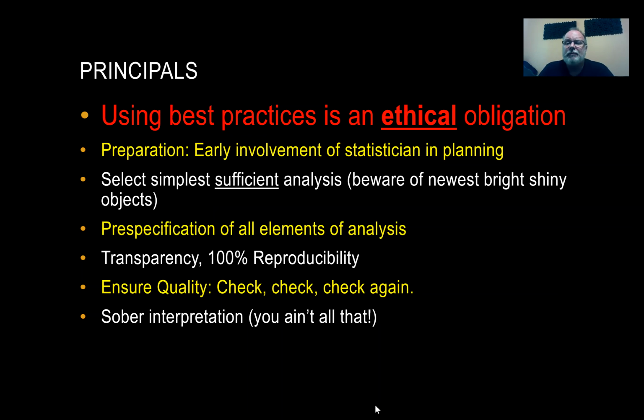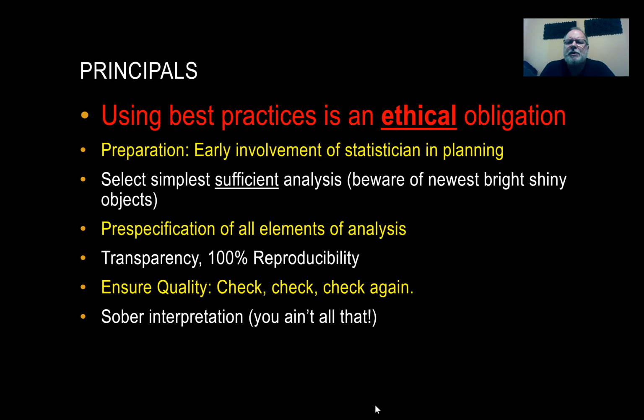But you should always try to find the simplest sufficient analysis. That's in part because a big part of our job is communicating our findings to lay people, to policymakers. And so if a t-test can do what a structural equation model also could do, I'd pick the t-test and just try to explain it with some simple graphs.